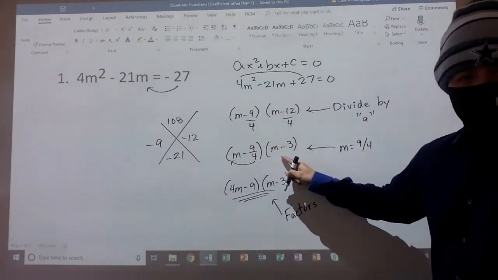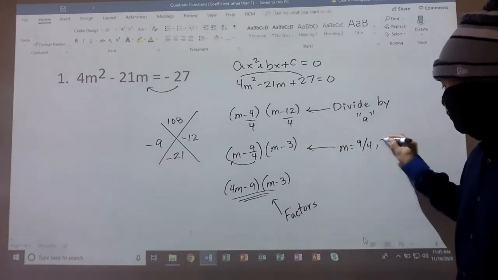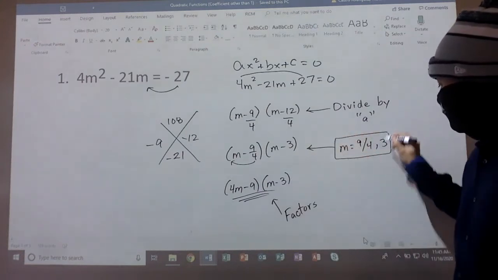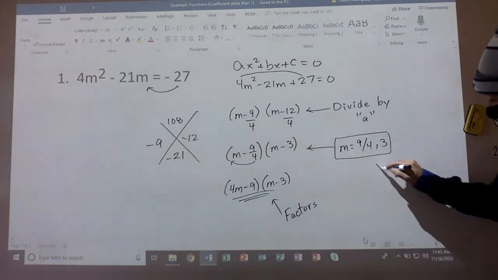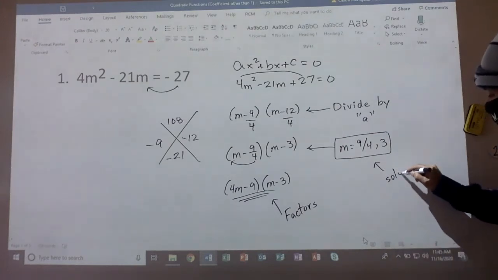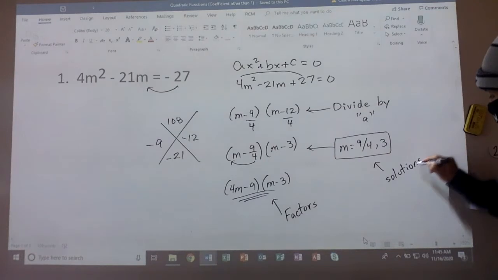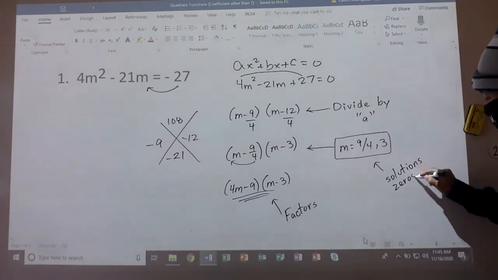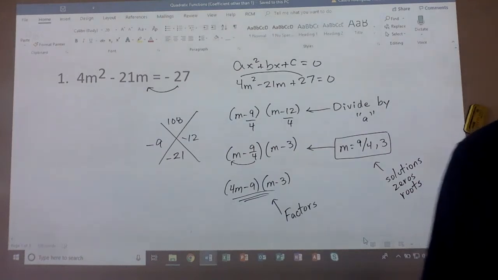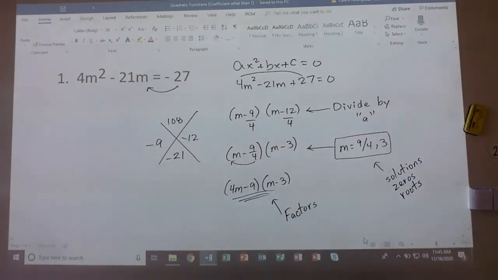The opposite of -3 is just 3. These are my solutions. Solutions, zeros, or roots. They are the same thing. That's how you do the homework for quadratic functions day 2.